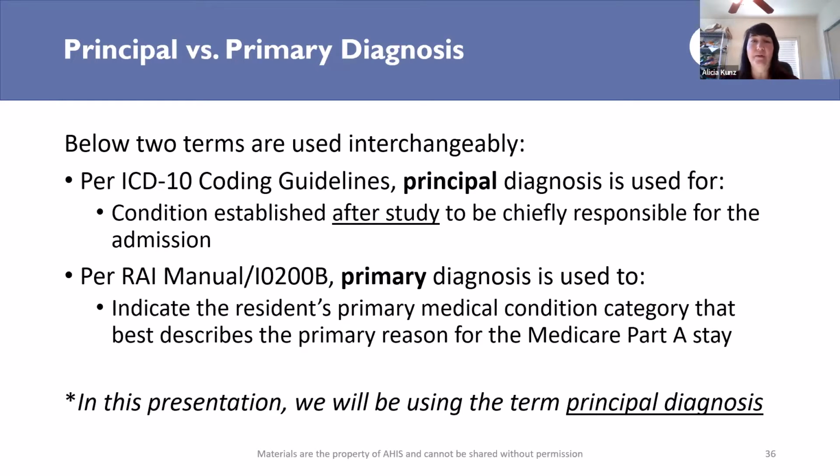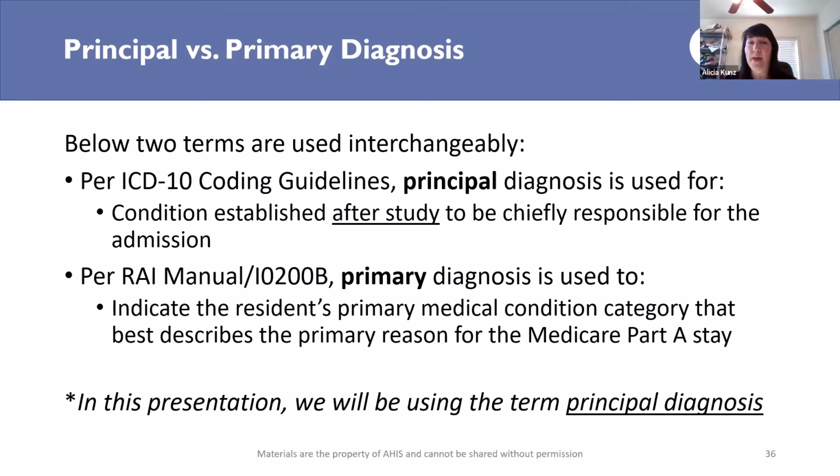Within this presentation, you'll see the terms principal diagnosis and primary diagnosis. I'm going to use them interchangeably a lot of times, but mainly what I will use is principal diagnosis, because in the ICD-10 coding guidelines, they use the term principal diagnosis. Again, that's the condition established after study to be mostly responsible for the admission.